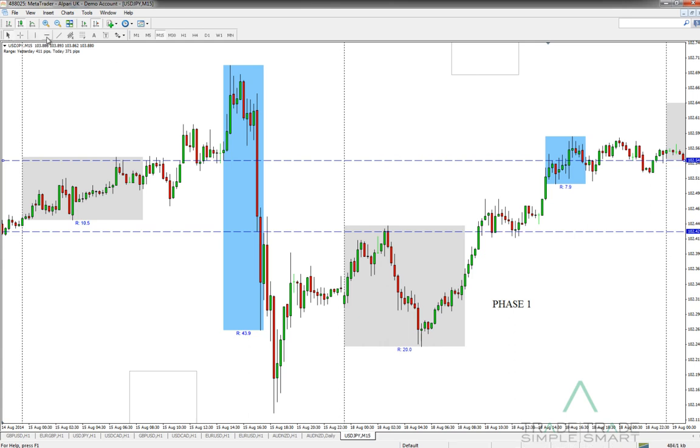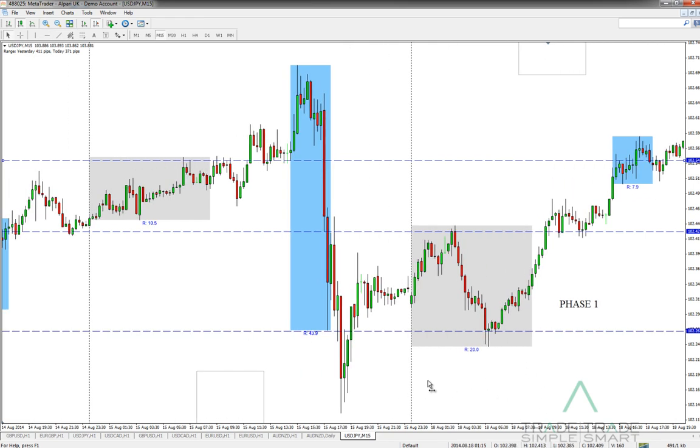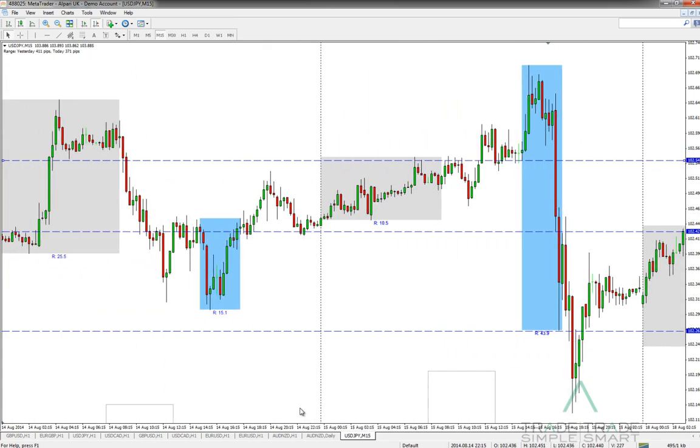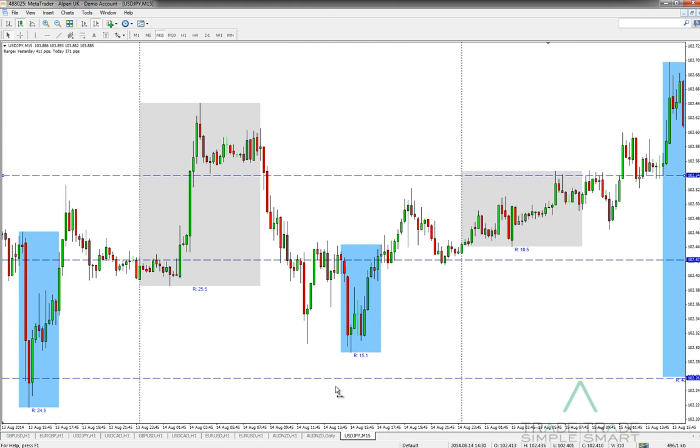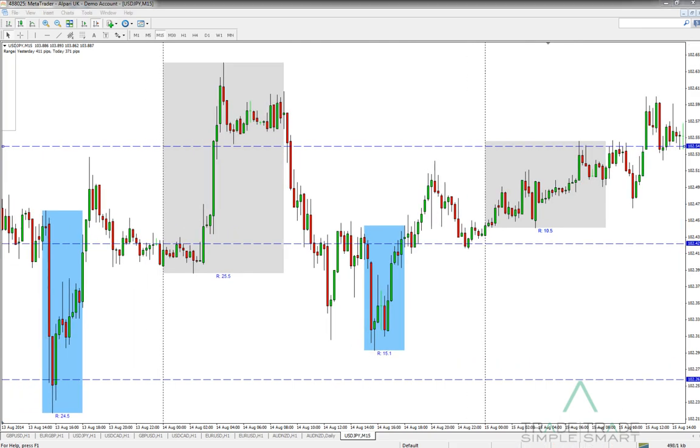Now the next obvious level will be the low of the previous day's Japanese session, and again you want to look back and take a look at previous price action in and around this level. So we can see that during the US session it was used as a manipulation level.